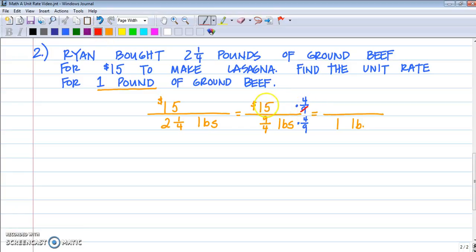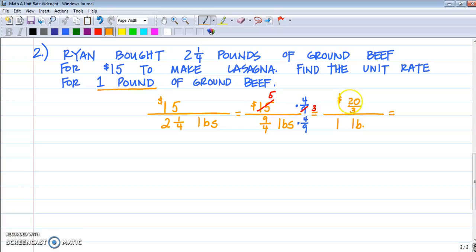A number that goes into 9 and into 15 is 3. 3 goes into 9 3 times, and 3 goes into 15 5 times. And now I'm going to multiply. This is a 5/1 essentially, so 5 times 4 is 20 over, and the denominator is a 3, and that's dollars. I need to adjust this. This looks a little bit weird to have an improper fraction involving money.